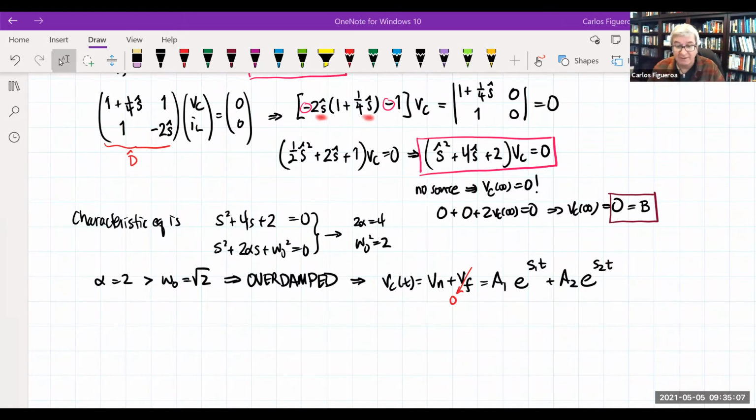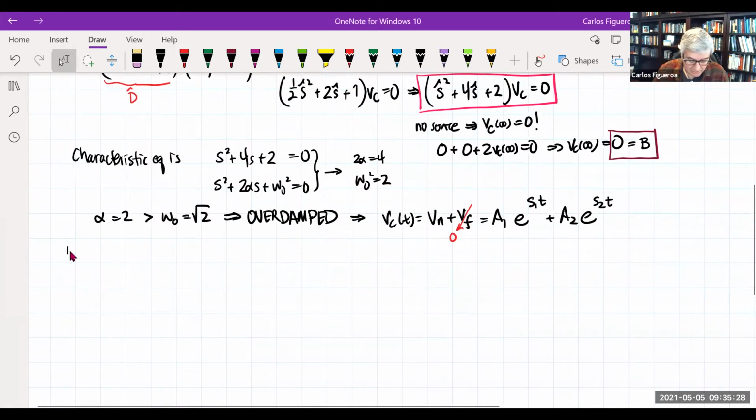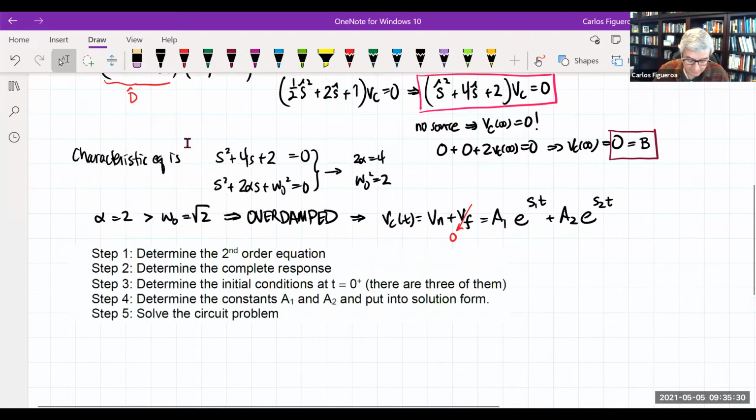Okay, sorry about that. So now let's keep going along. So now let's go look at the process. If I look at my problem-solving strategies, it looks like this.